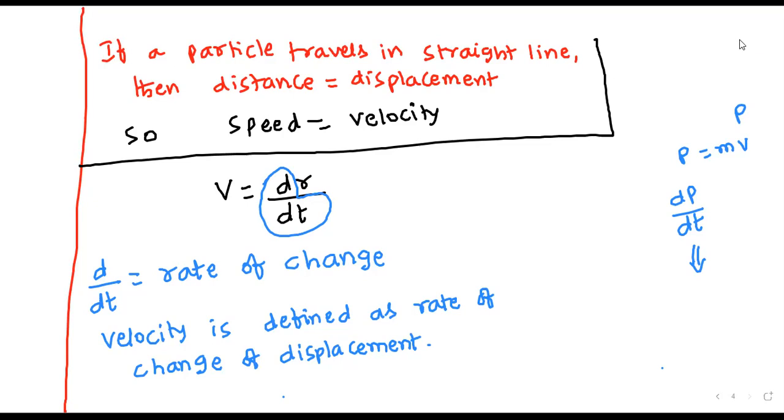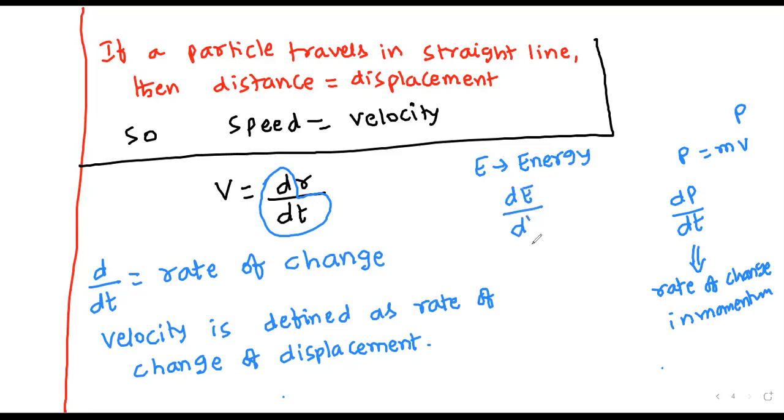Suppose E is the energy. If we have dE by dt, it can be called the rate of change of energy.